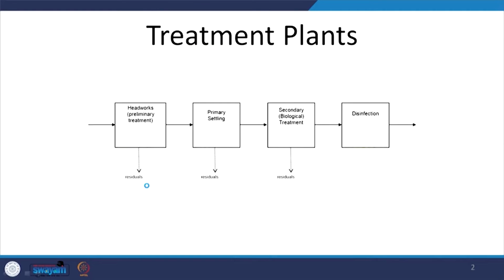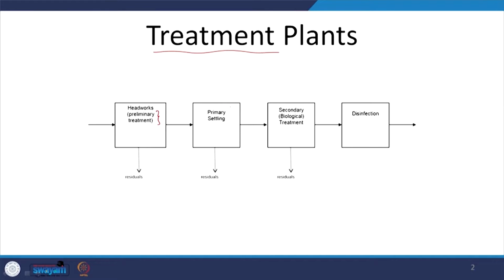Let us see which of the unit processes in our treatment plants correspond to each of these relevant particles or parameters we just discussed. So, here we have 4 major classifications of unit process. One is the headworks or the preliminary treatment.